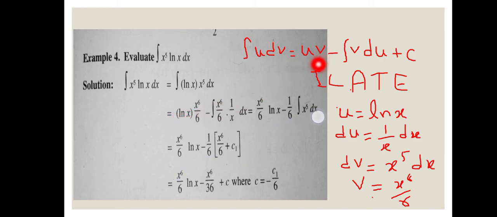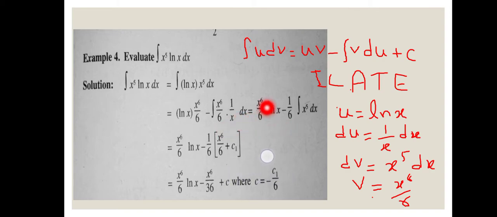Instead of v, we have put x raised to the power 6 divided by 6, minus integration v du. So the value of v is x raised to the power 6 divided by 6, into the value of du, which is 1 by x dx. We have put the values in the formula and just evaluate by simple procedures.